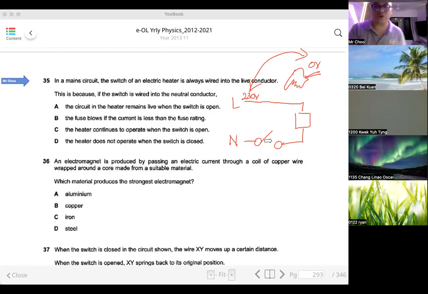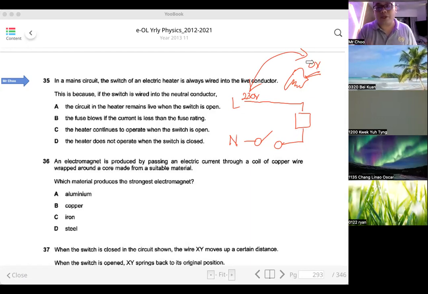So even if you switch open, you think that there's no current going through. You try to repair the thing, but the whole thing is connected to the live wire, and the live wire has a high potential. So when you try to repair it, you think that it's not working, then you go and touch a wire or a metal, you will get shocked because you have a very low potential and the device has a very high potential.